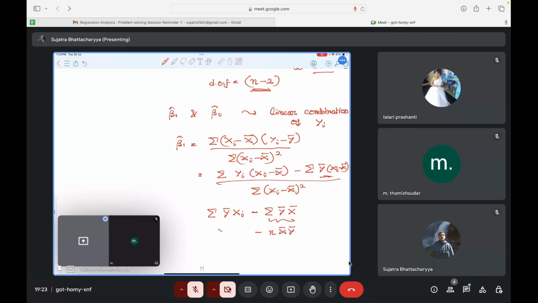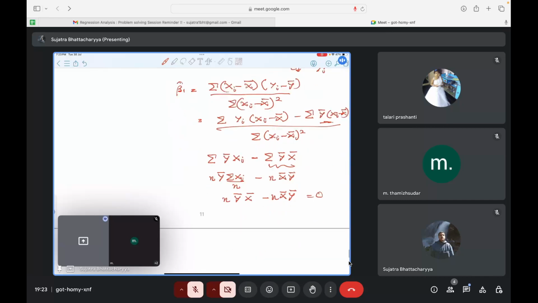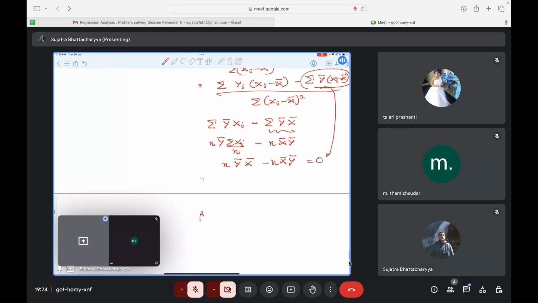What about this? Y bar can be taken common and summation xi, if you just multiply by n and divide by n, what is this becoming? N y bar x bar minus n x bar y bar. What is this? 0. Therefore, this part is becoming 0. So beta 1 cap can be therefore written as summation xi minus x bar yi divided by summation xi minus x bar whole square.